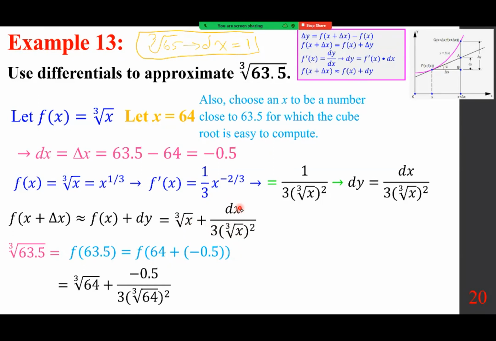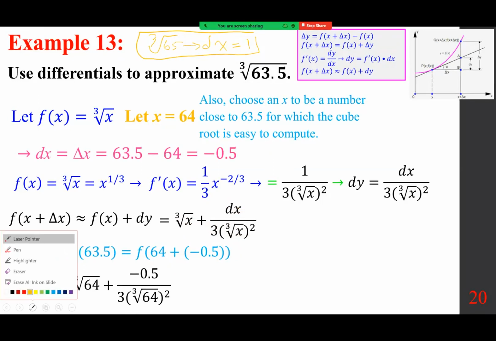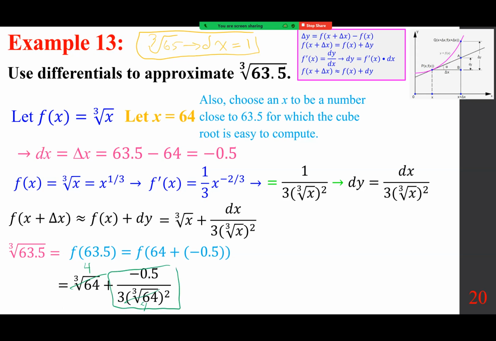So what happens here, this is 4, this is 4. When you square it, it becomes 16. When you multiply it by 3, it becomes 48. So this piece is negative 0.5 divided by 48.